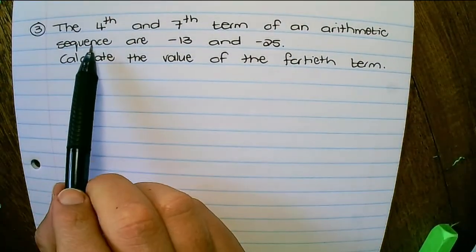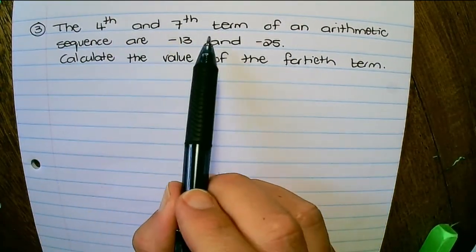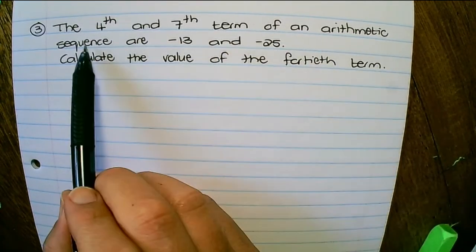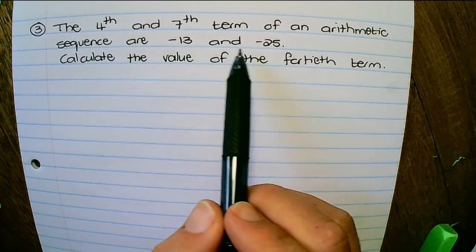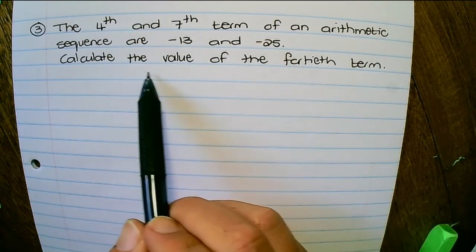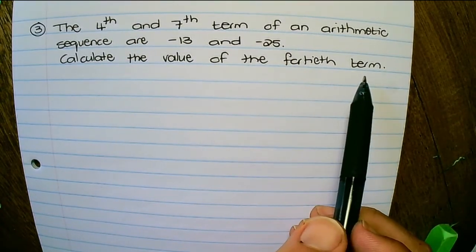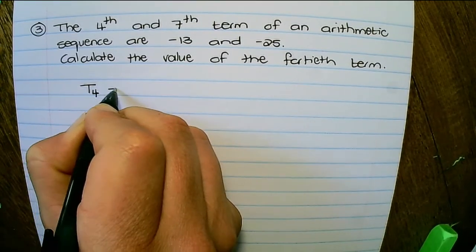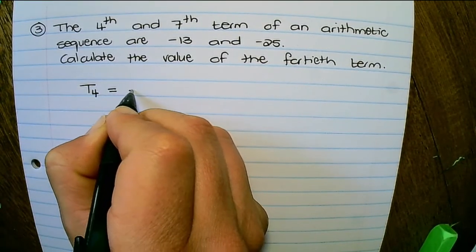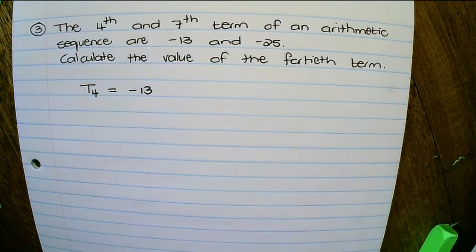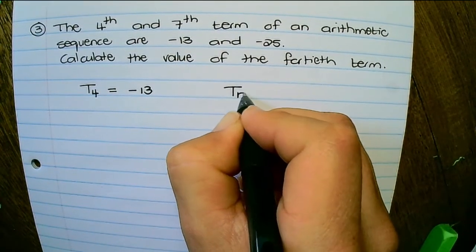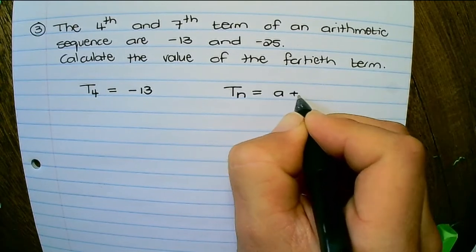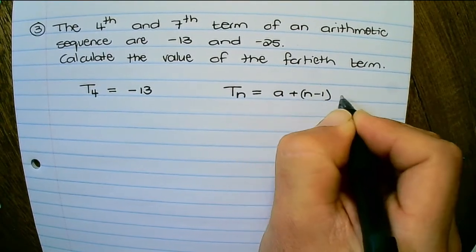And our next question is, the fourth and seventh terms of an arithmetic sequence are negative 13 and negative 25. Calculate the value of the 40th term. So we know that term 4 is equal to negative 13. And we have the original formula, which is a plus (n minus 1)d.